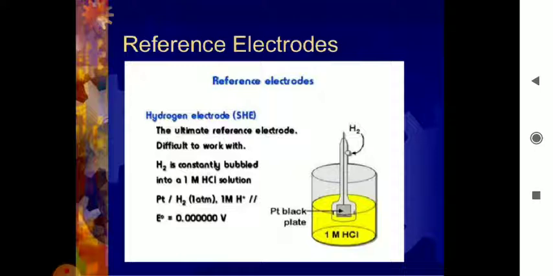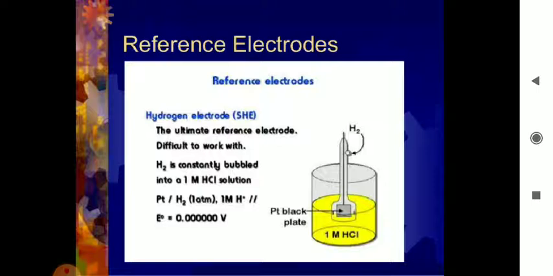One disadvantage of this cell is that it is very difficult to construct, because the assembly has glass, and maintaining the constant 1 molar hydrogen ion concentration is very difficult. But besides this, it has some measurable uses also.